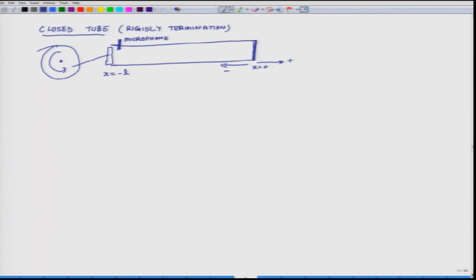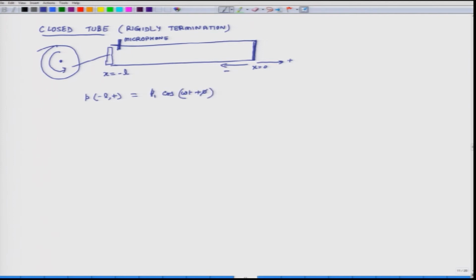So, I am placing a microphone at x is equal to minus L and I measure the pressure at x is equal to minus L, and I find that the pressure at x is equal to minus L, based on our measurement from the microphone, is some constant number P1 cosine omega t plus phi.